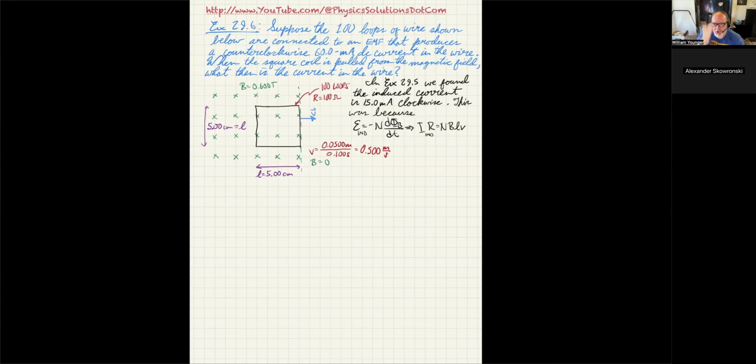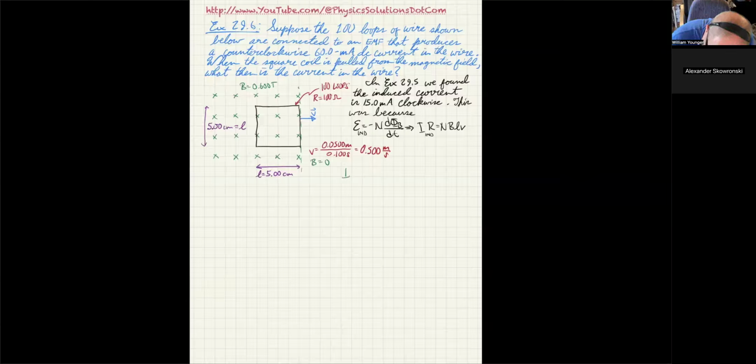So you could just imagine cutting through one of the strands of the 100 loops of wire, and then taking one end of the wire that you cut and connecting it to the negative side of the battery, and connecting the other end of the wire you cut to the positive side of the battery, and that's going to produce a 60 milliamp current. But that 60 milliamp current is in the counterclockwise direction, so it's actually in the opposite direction as the induced current. So that means the total current, I total.